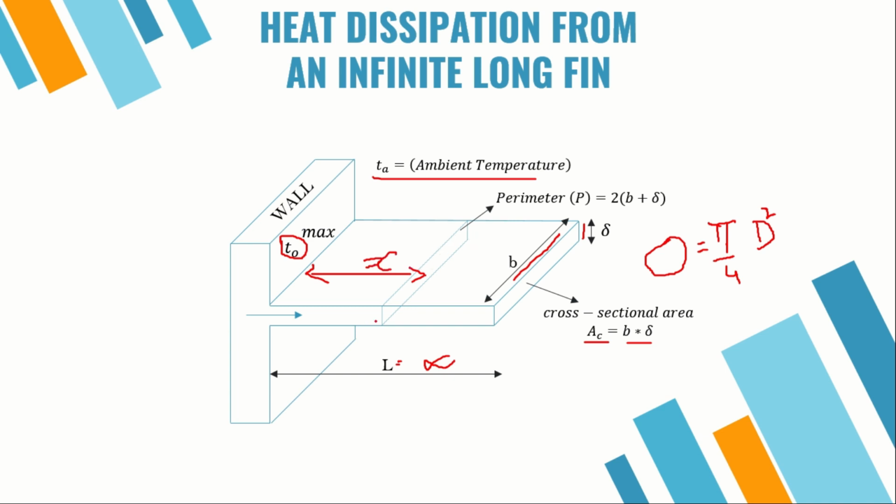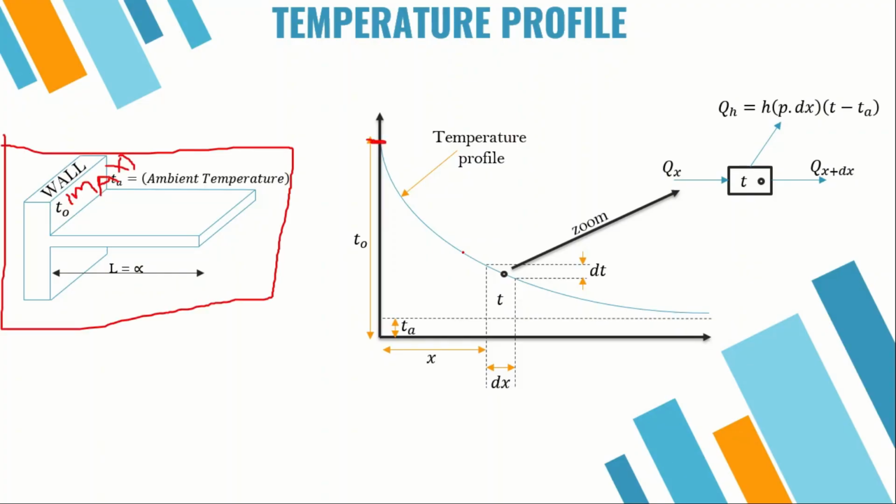This shaded region I have mentioned here. Let this point be x. So we have taken a small region, that is dx, and it has a small change in temperature, that is dT.